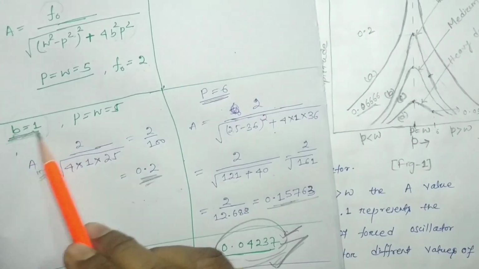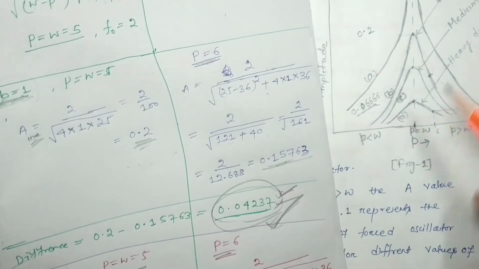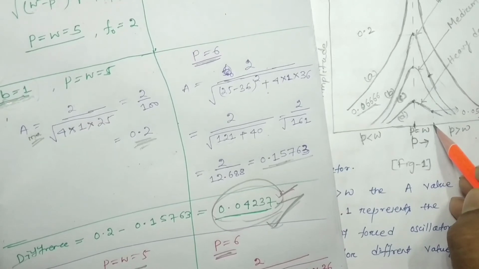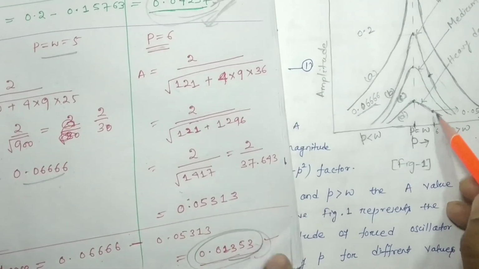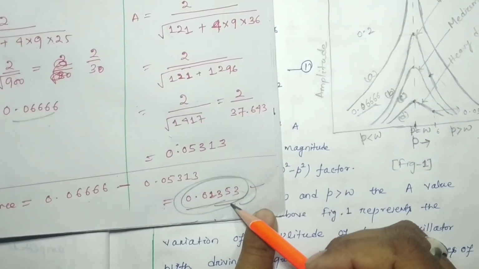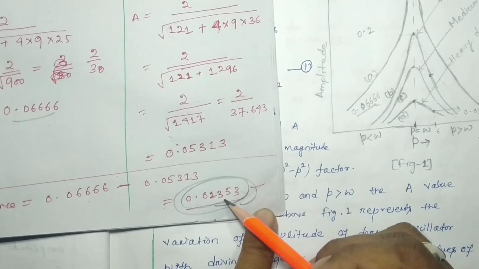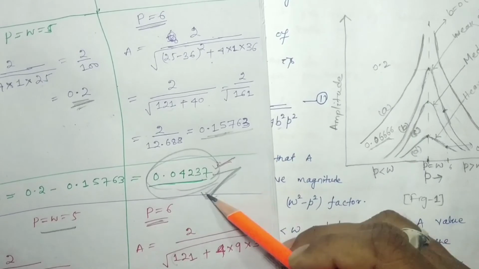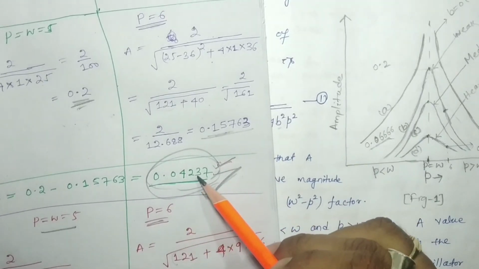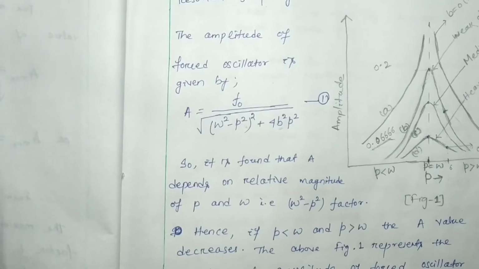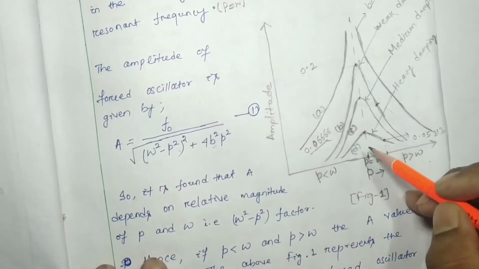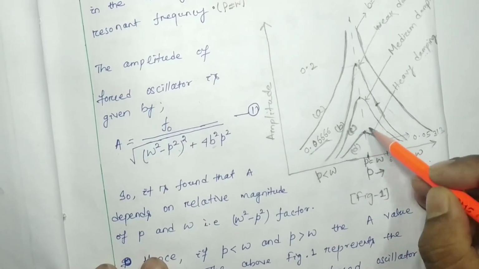That means for the weak damping case the difference is larger, meaning it falls largely with a variation of 1 unit of P as compared with heavy damping. For heavy damping it falls slowly, decreasing by 0.01353, but here the decrease is 0.04237.